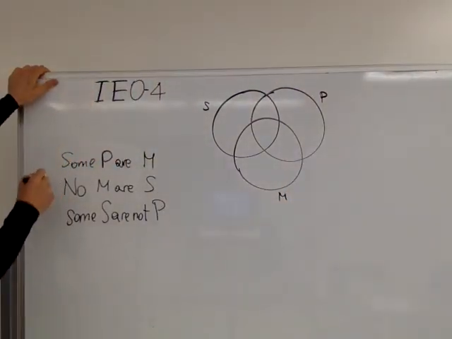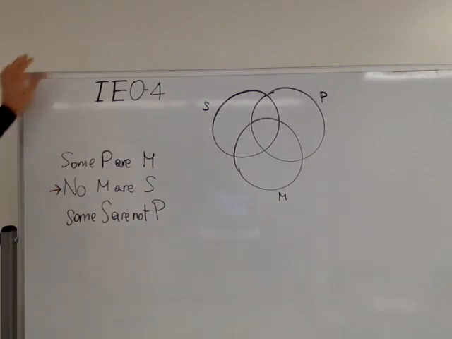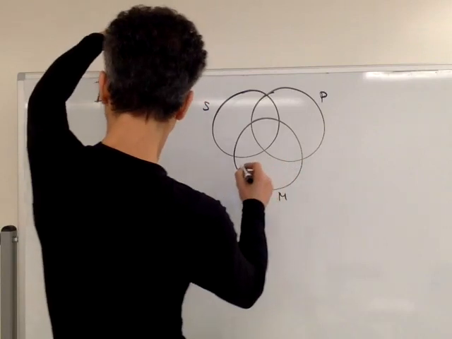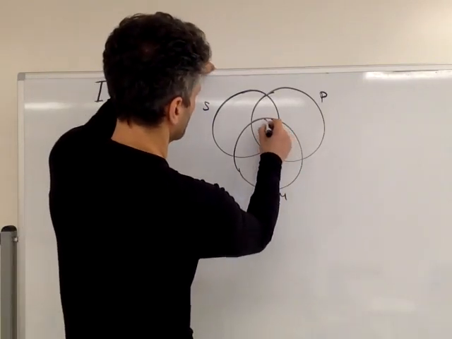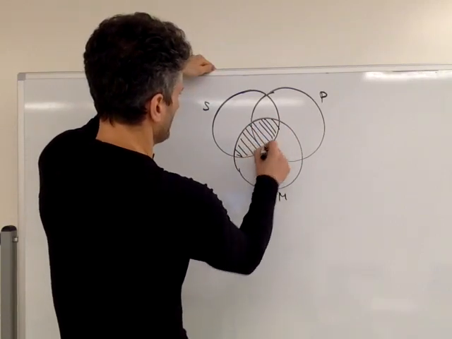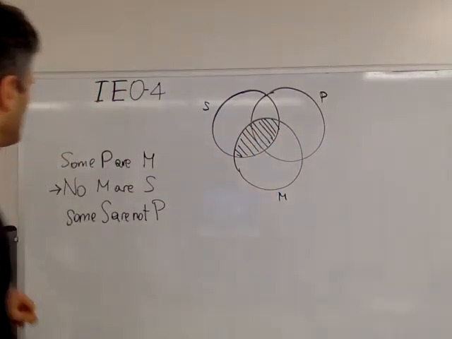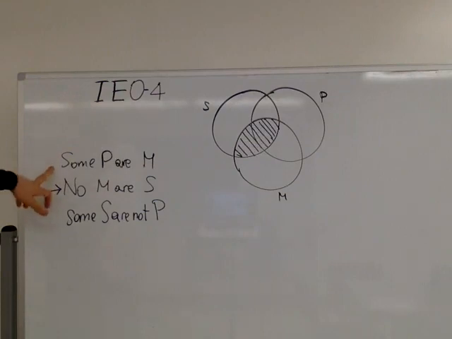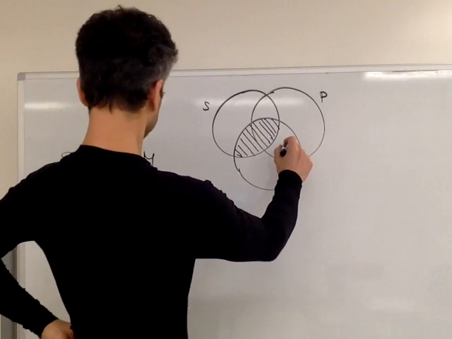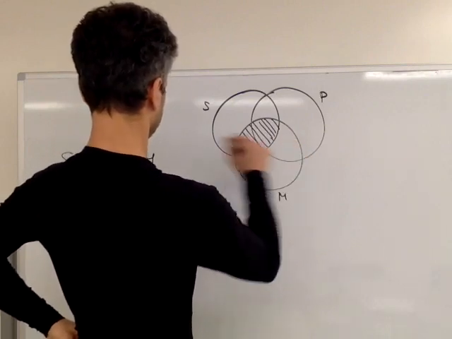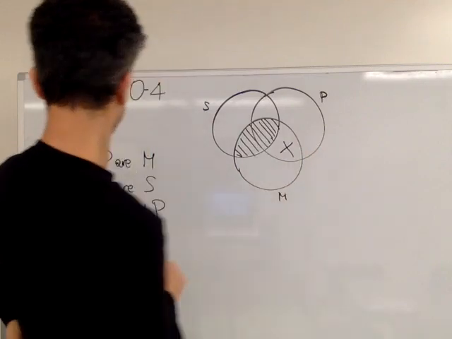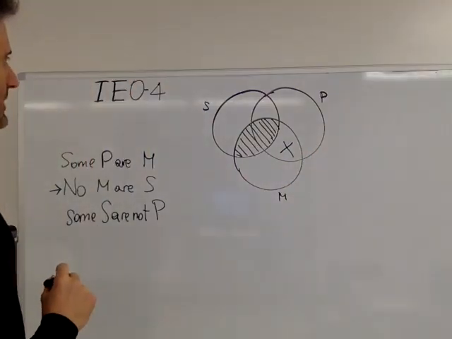All right, so let's start with the universal, no M are S. Then we go back to premise 1. Some P are M. Good.